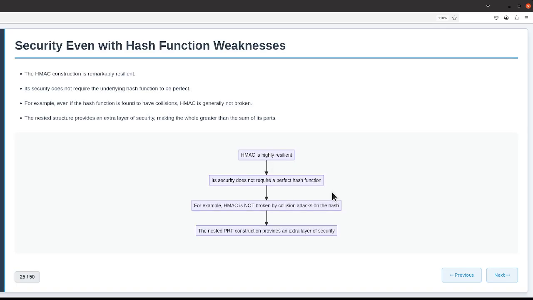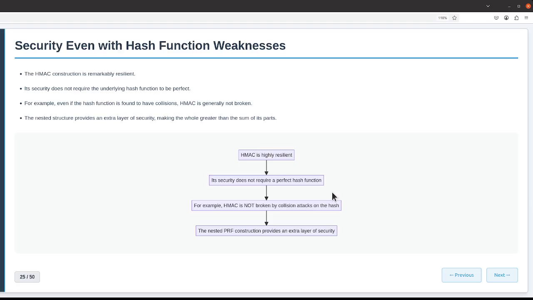Security even with hash function weaknesses. One of the most powerful features of the HMAC construction is its resilience. The security of HMAC does not require the underlying hash function to be perfect. For example, even if the hash function is vulnerable to collision attacks, where an attacker can find two messages M1 and M2 that hash to the same value, the HMAC construction is often still secure.